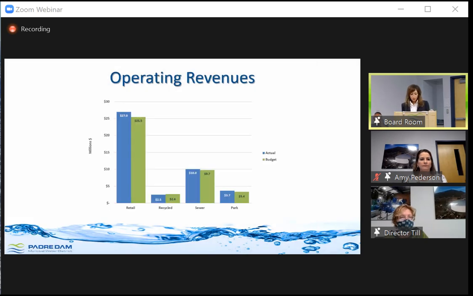This chart and future charts show the actual in blue and the budget in green. It goes from retail, recycled, sewer, park, in case it's very small on the screen. This shows that operating revenues for all operations except for recycled, just by a slight bit, were either right close to budget or over budget.